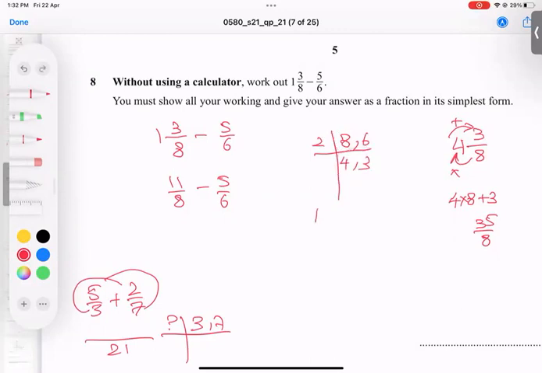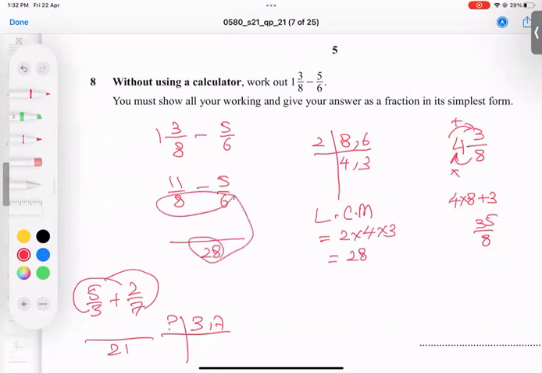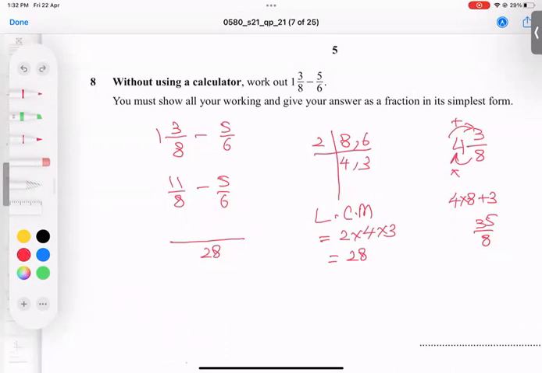No. Then the LCM becomes what? This 2, this 4, this 3 multiply. So 2 fours are 8, 8 threes are 24. In this option, I have seen some students write 8 times 6, 48. You will lose marks if you write the product. Why? Because the LCM is compulsory to find.